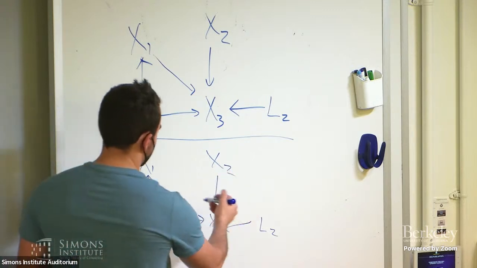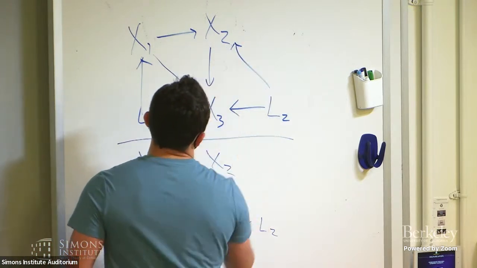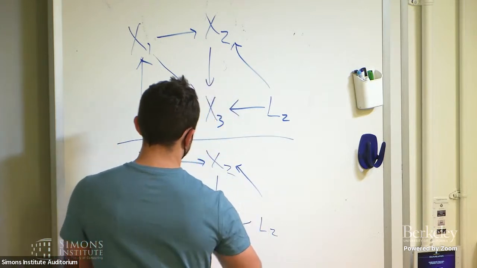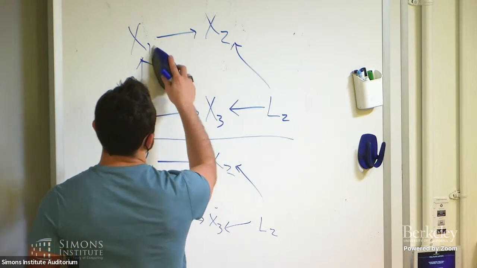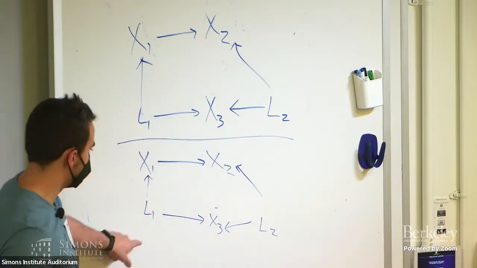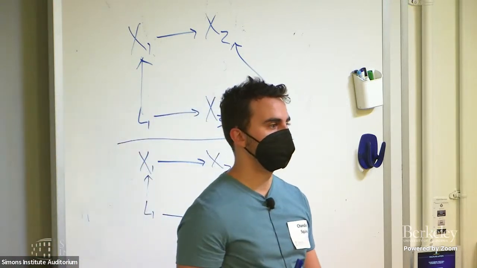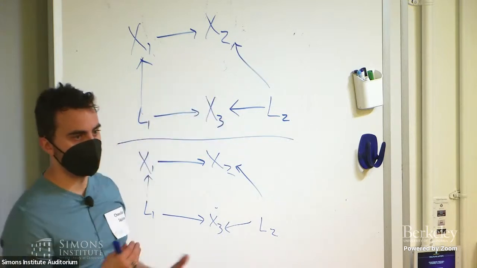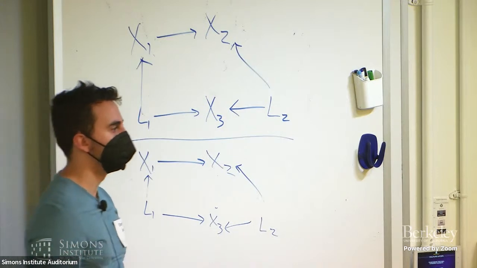And then finally, if we intervene on X3, in both cases, it's still going to be dependent on X1 because of this. So there's no way to tell whether or not there's actually this edge between X1 and X3 just by using single node interventions because of the way that it's covered up by this L1.